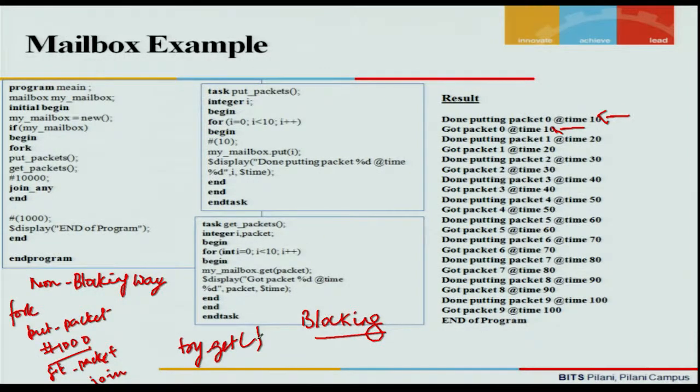You can also remove this fork join and just call put packet in the initial begin block. There will be one thread which will do 10 iterations, then wait for 1000 cycles, and then you call get packet. In this case as well, there won't be any waiting call, and a non-blocking call can be easily reproduced.